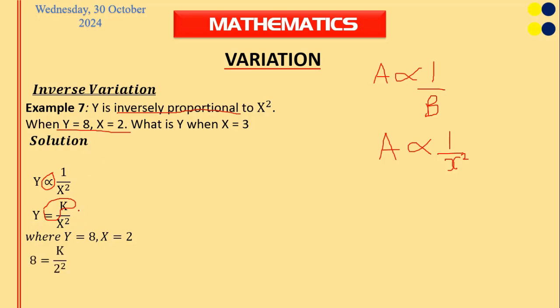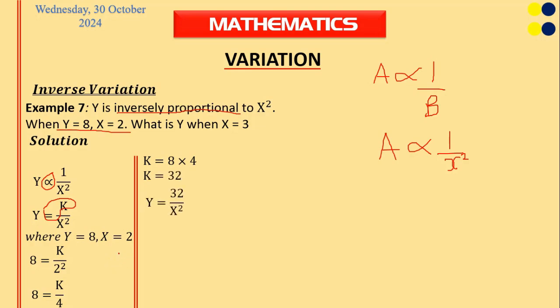We're given an initial value for us to find the value of k. If we slot in the value of y as 8 and the value of x as 2, you have 8 equals k over 2 squared, so 8 equals k over 4. If you cross multiply, k will be 32.